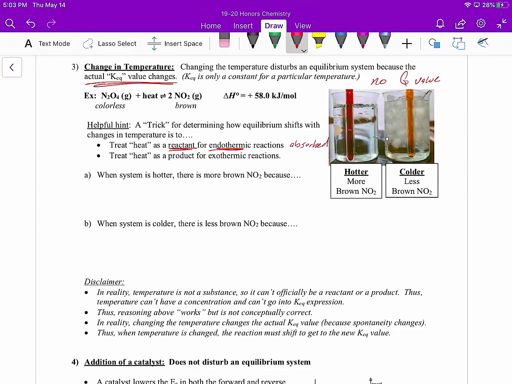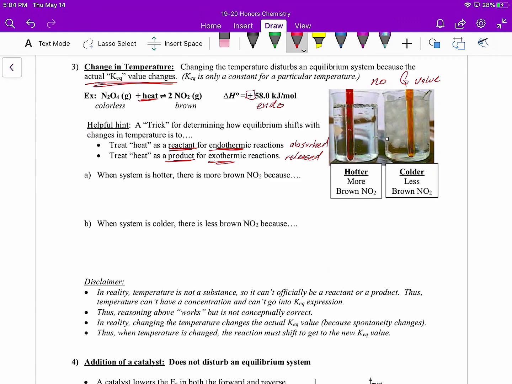If you've got an exothermic reaction where heat is being released, then it's going to be coming out of the reaction like the products. Now, if you take this example of N2O4 and NO2, this has a positive value for delta H, so it's an endothermic reaction. That's why heat is a reactant on the left side of this reaction.